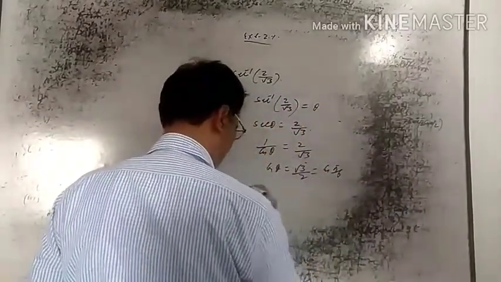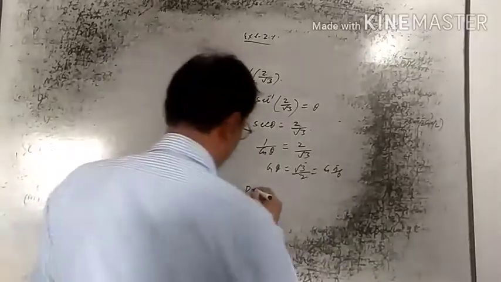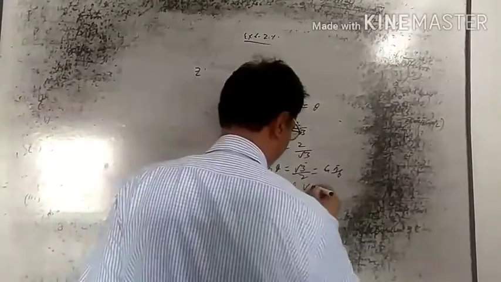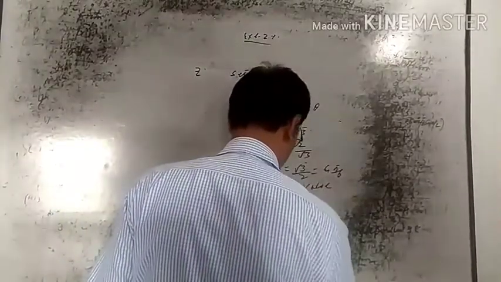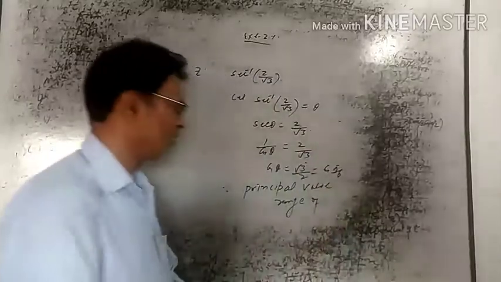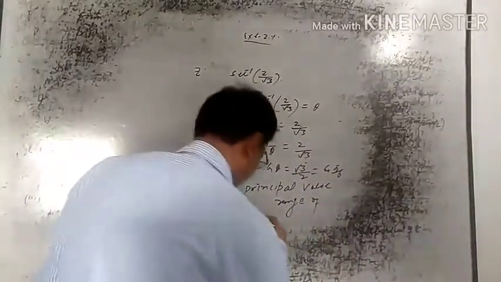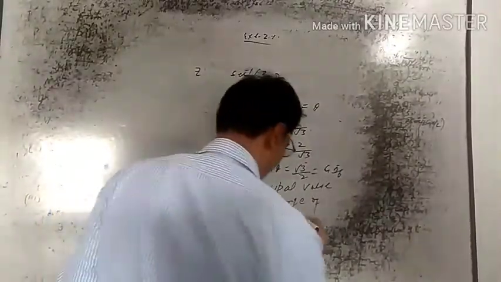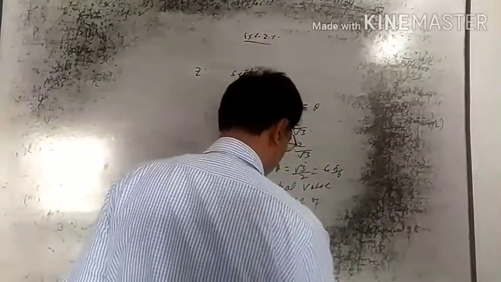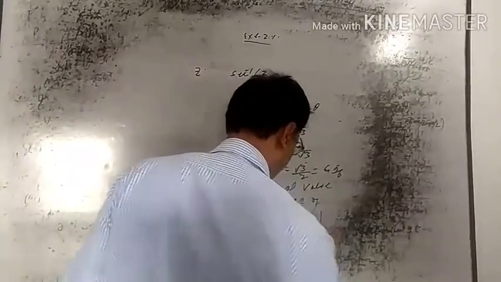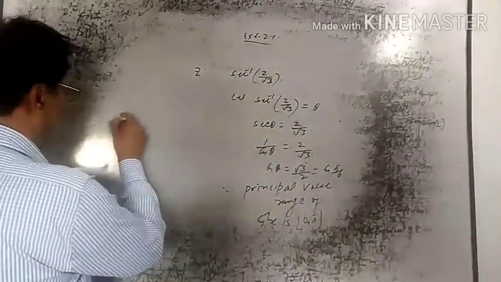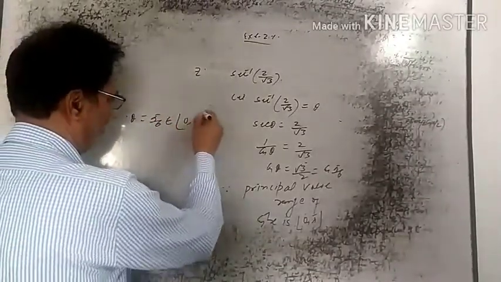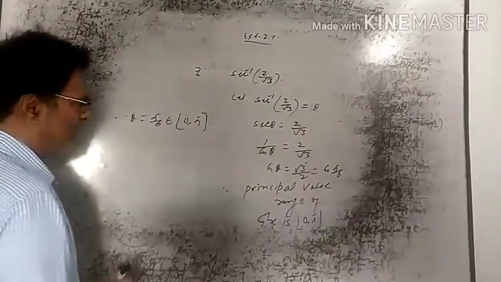So since the principal value range of cos inverse x is the closed interval 0 to pi, therefore theta is equal to pi by 6, which belongs to the closed interval 0 to pi.